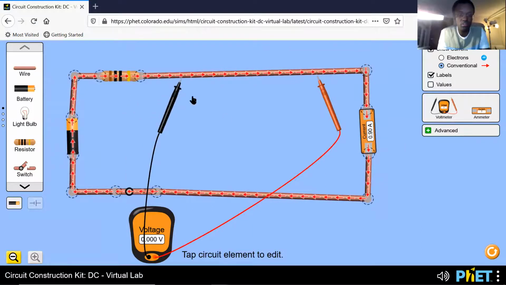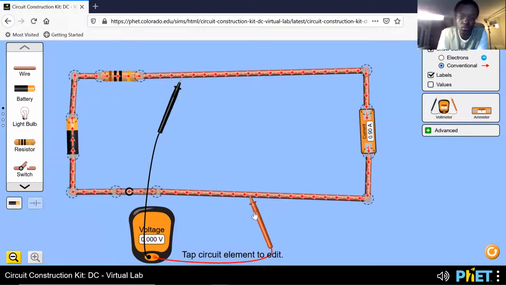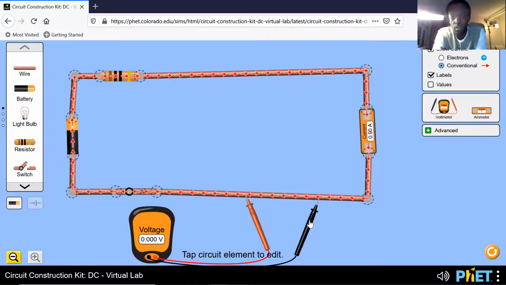Everywhere else it should be 0. Can you see that? No voltage. Because we are assuming the wires to have no resistance, which is absolutely not realistic at all.